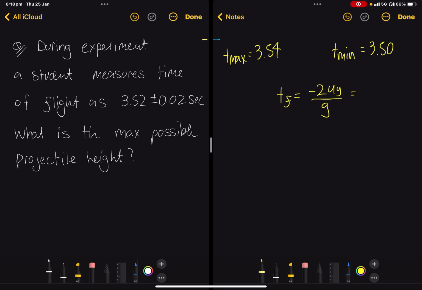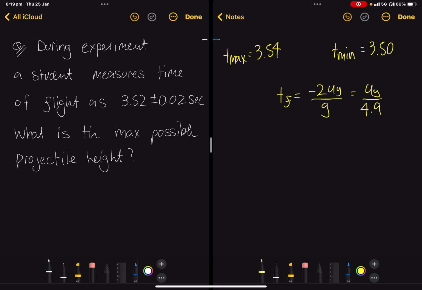This implies that the time of flight is equal to the initial velocity in y over 4.9. So we can use these two times of flight to find the two initial velocities, and then use our acceleration and velocity formulas to find what the heights are.